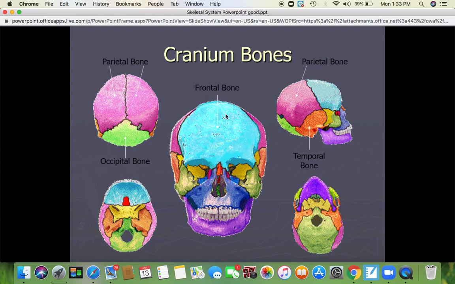If they were fused together, there would be issues with the birth, because the baby has to fit through the birth canal. So it's kind of cool that their cranial bones aren't fused together, so it allows their head to be soft and change shape a little bit to pass through the birth canal.